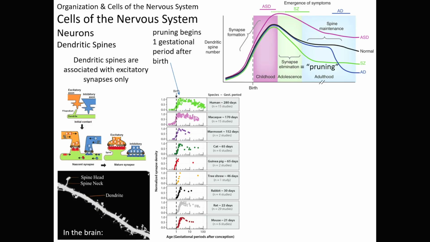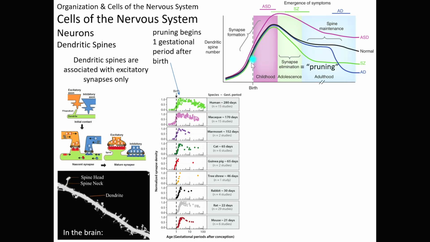That's interesting because this figure makes it seem like we hit our peak dendritic spine number just before puberty or something, but it's actually happening way back here. In humans, we have a gestational period of 9 months, about 280 days. So the study suggested that in humans, right around that 9-month post-birth period is when the pruning of our dendritic spines begins to occur.